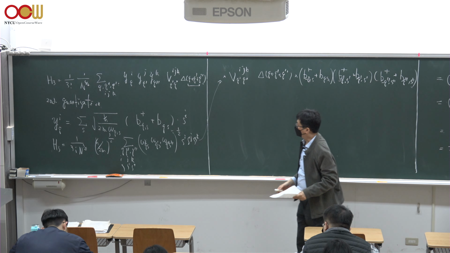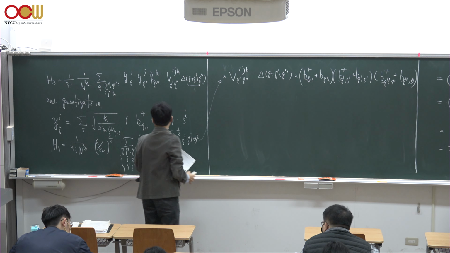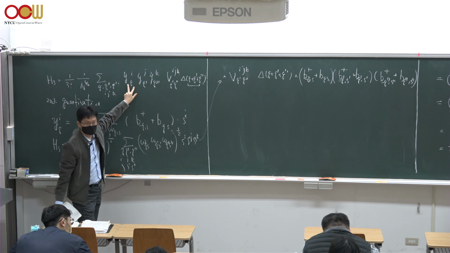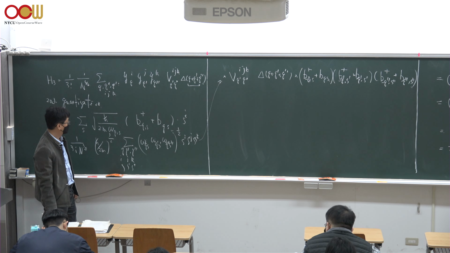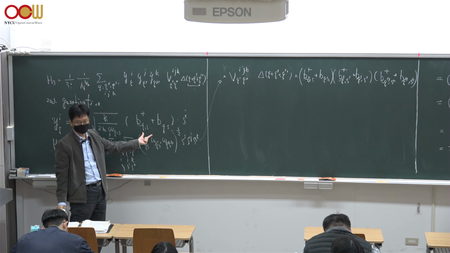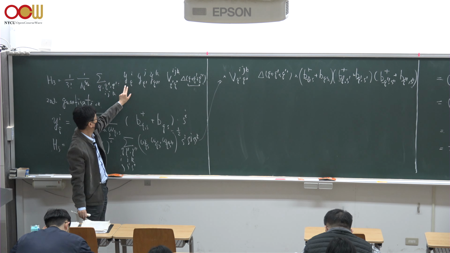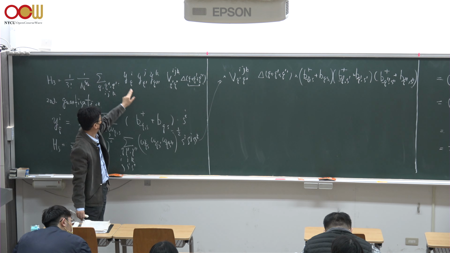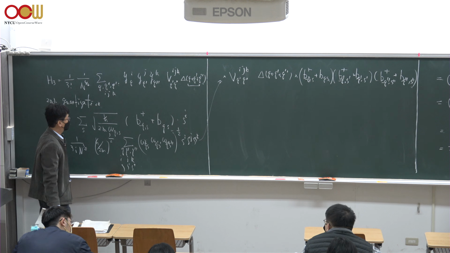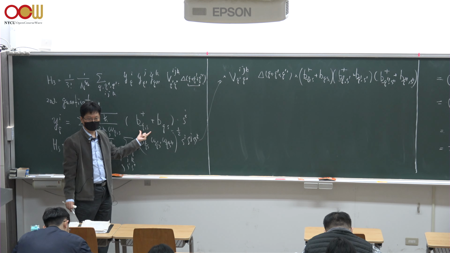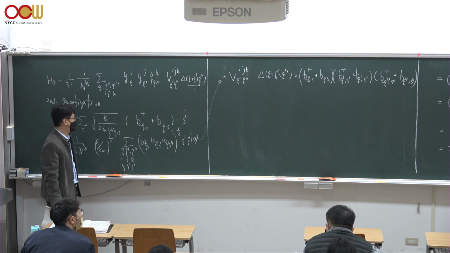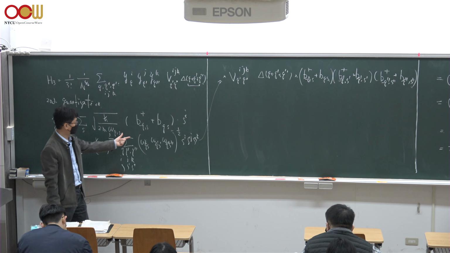Okay, so at the end of the day, you know very well that each of this y here is actually proportional to B dagger plus B, right? That's from a simple harmonic oscillator. When we second quantize the simple harmonic oscillator, you get the replacement of the displacement vector y by B plus B dagger, where B is the destruction and B dagger is the creation of the phonon.